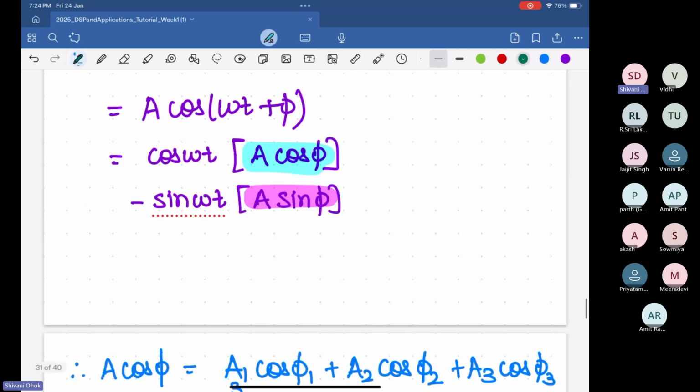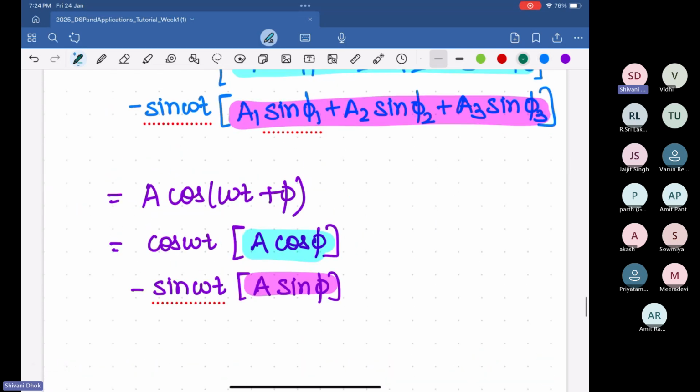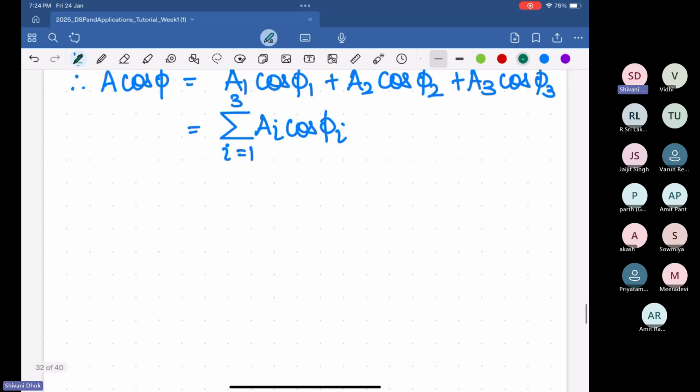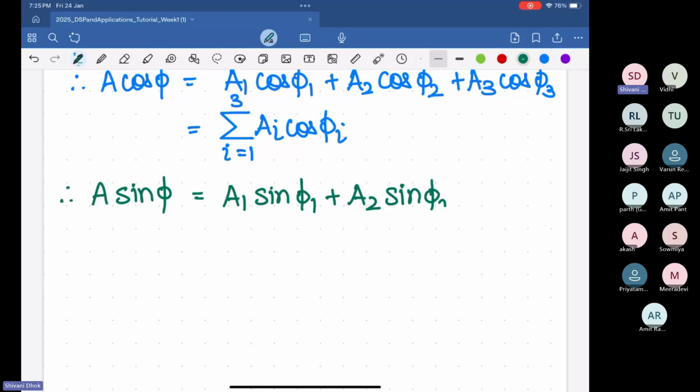And similarly, we have A sin phi is equal to A1 sin phi 1 plus A2 sin phi 2 plus A3 sin phi 3.